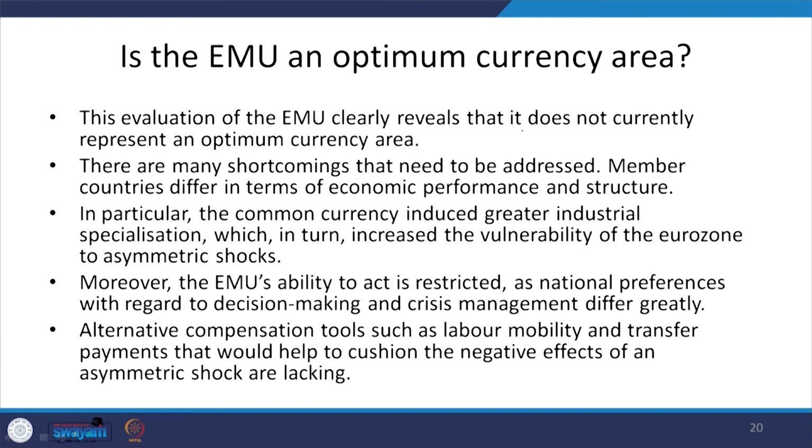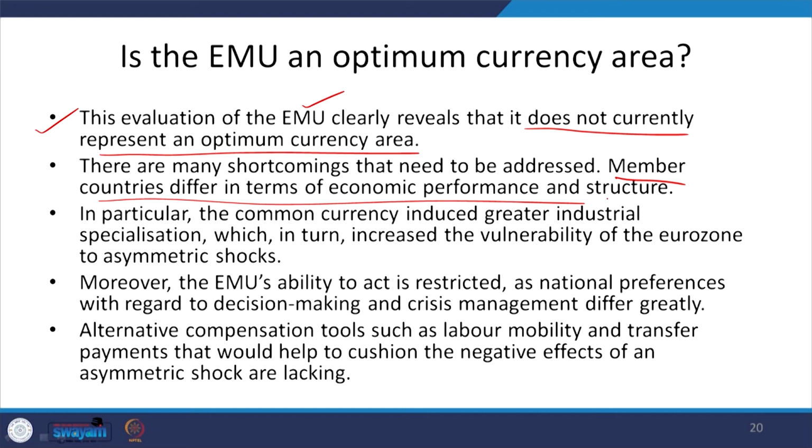So, therefore, it does not currently represent an optimum currency area. There are many shortcomings that need to be addressed. Member countries differ in terms of economic performance and structure also. Okay.